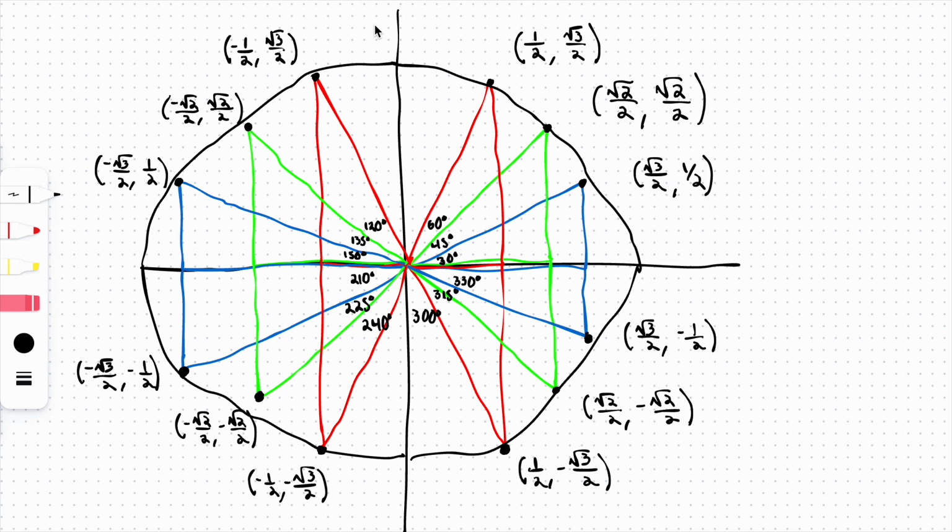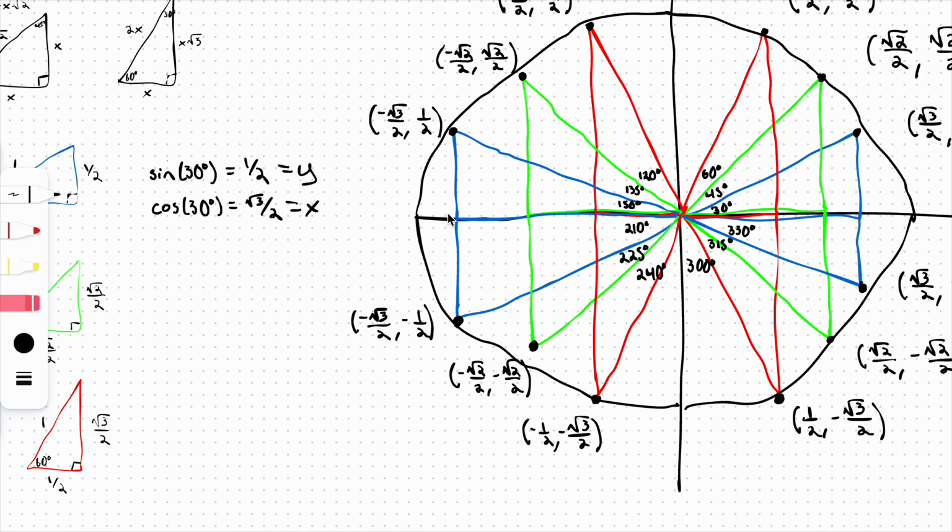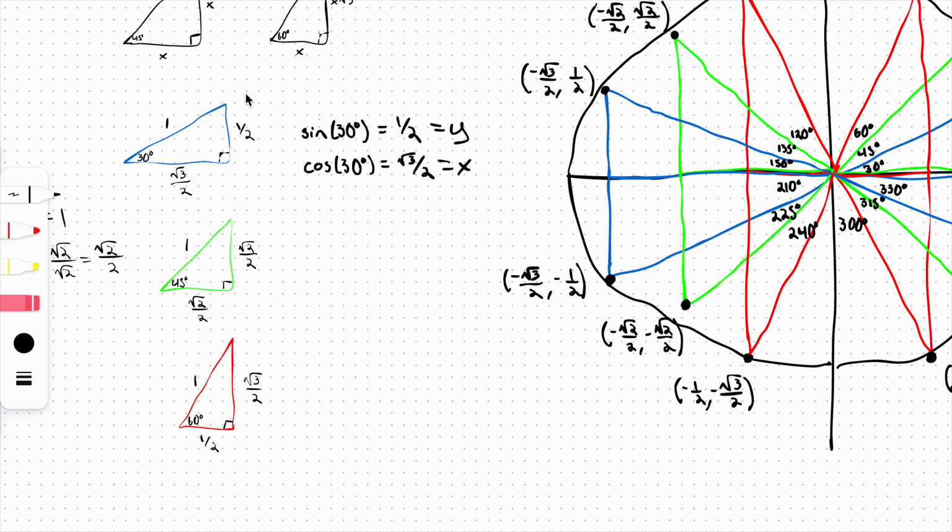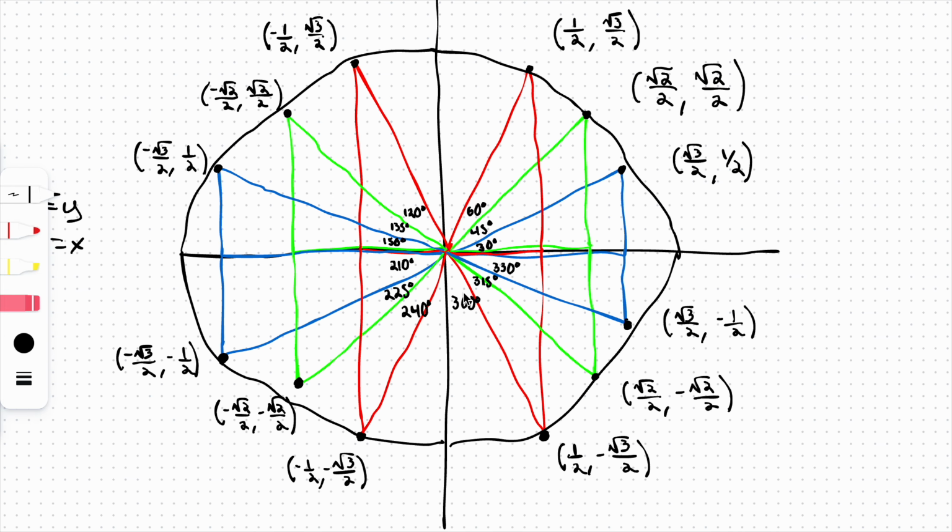But theoretically, this would be a perfect circle where our radius is equal to 1, right? In all of these triangles, our hypotenuse was equal to 1. Our hypotenuse is our radius, right? Our center is here. This would be the edge of our circle. And our hypotenuse is extending from our origin, our center, to the edge.